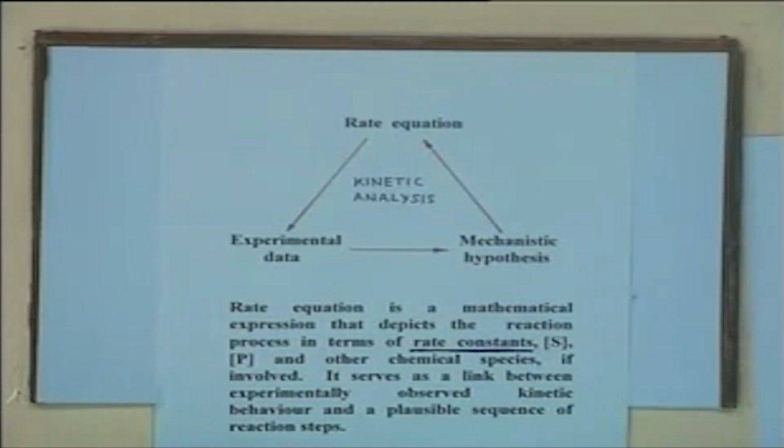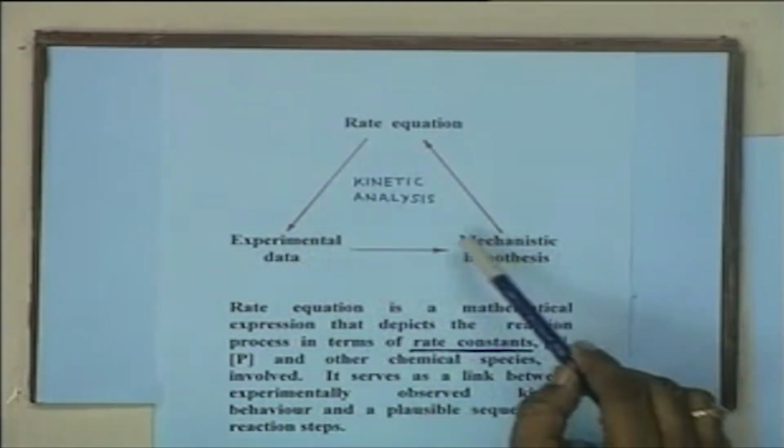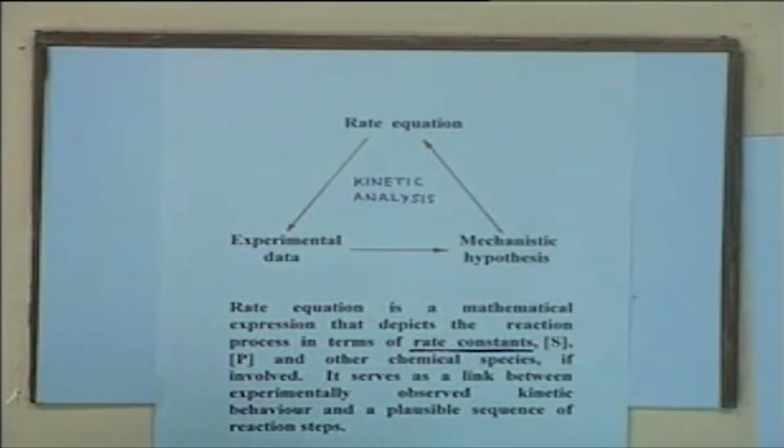It also serves as a link between experimentally observed data and the plausible sequence of reaction steps. So, these three steps are the critical steps in the study of any kinetic system, and of course apply also to enzyme kinetics.